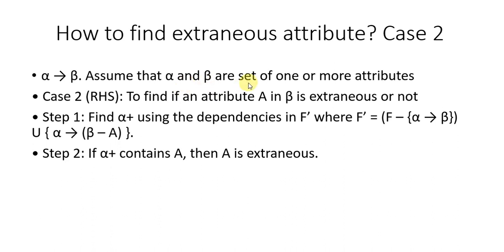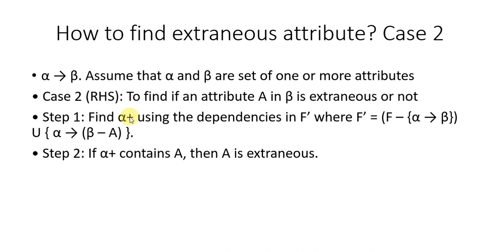What is the step? Step 1 is find alpha closure using the dependencies in F dash, where F dash equals F minus alpha to beta, union alpha to beta minus A. So here we are doing the opposite thing.